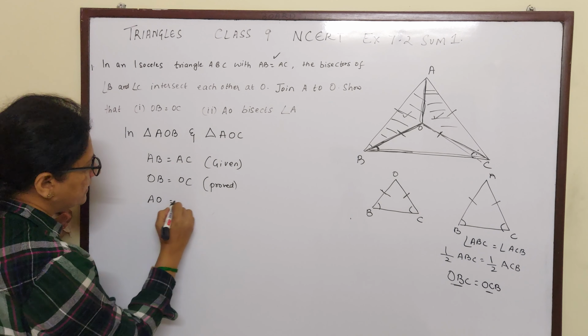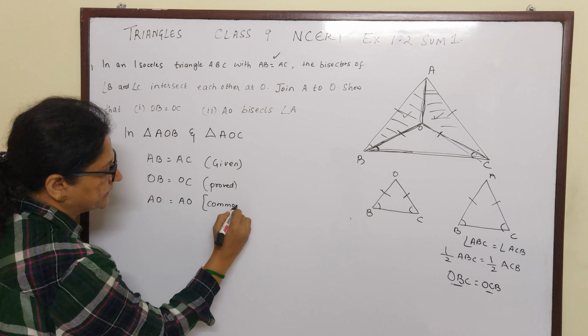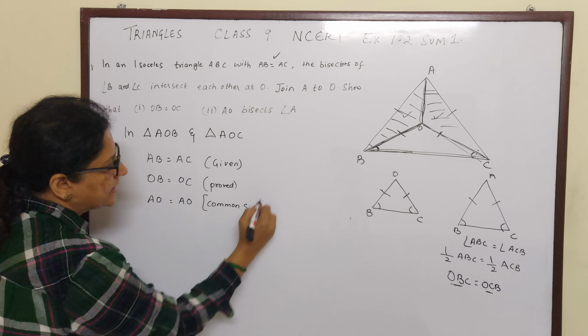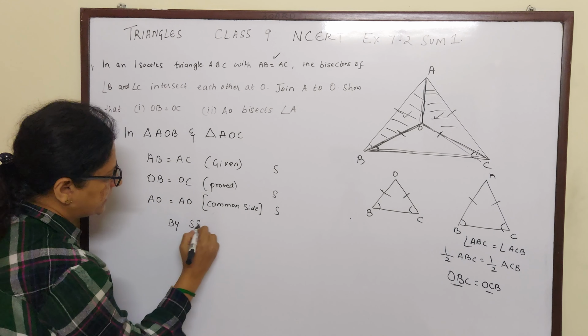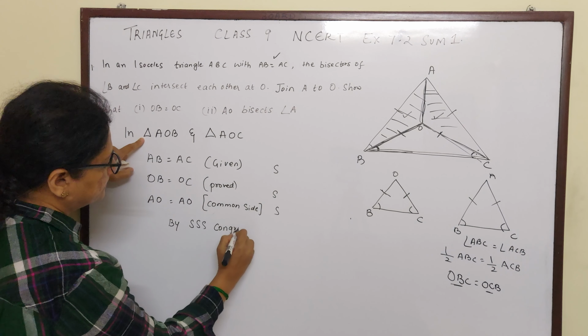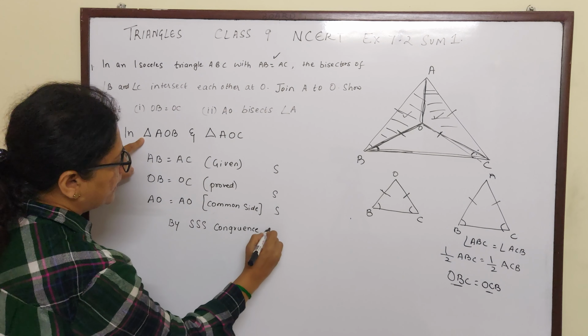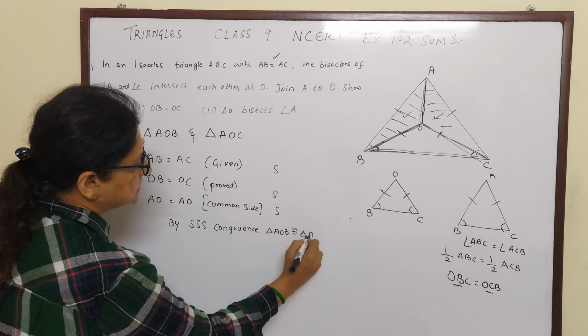So I can say AO is equal to AO, common side. So now all are S, S, S. So no need of a pattern, children. By SSS congruence, triangle AOB is congruent to triangle AOC.